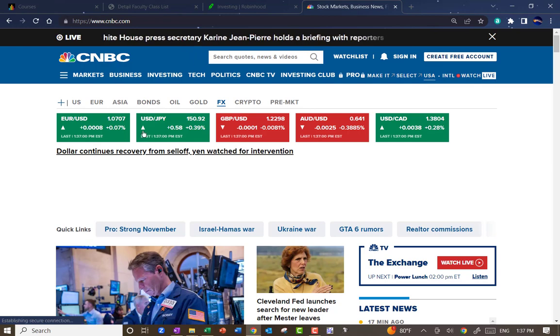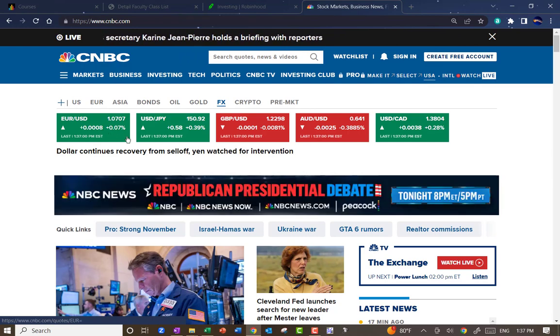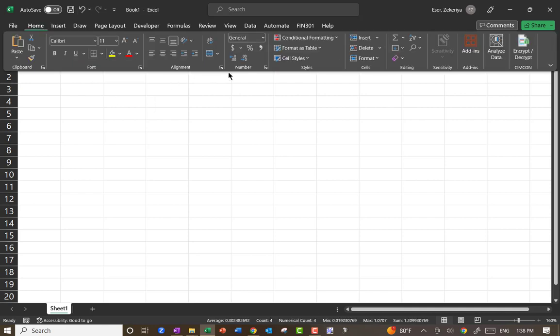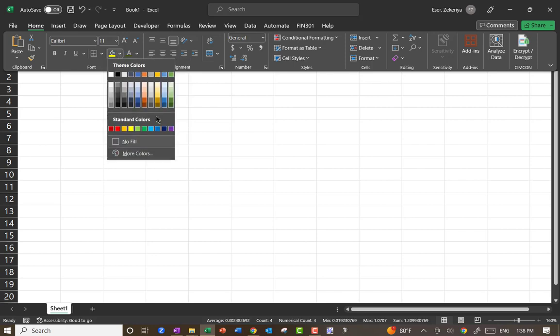I'm going to do this for euro dollar, 107.07. All right. Dark green.